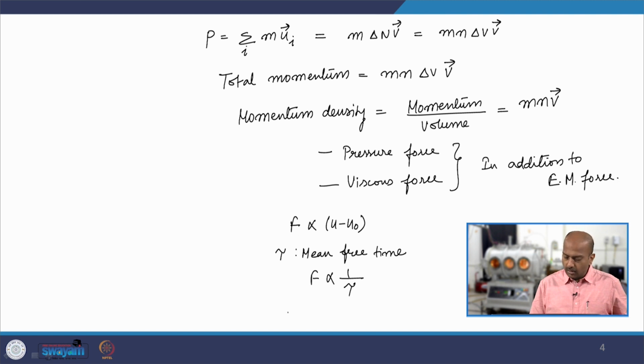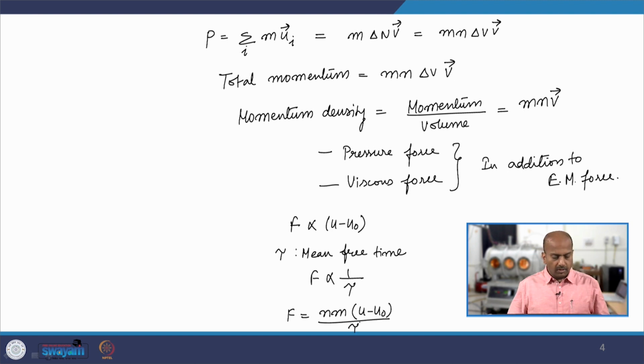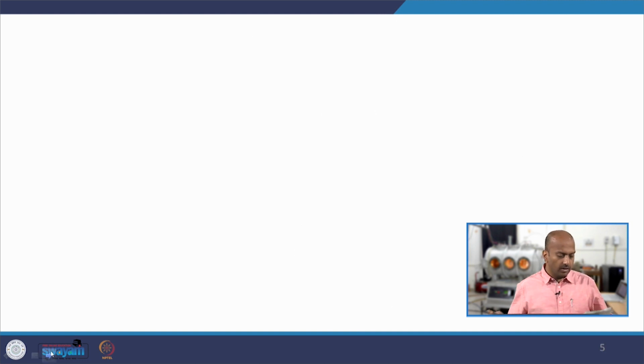So, in total we can write F is equal to N m times u minus u naught divided by tau. So, this rate of change of momentum is basically the force. Now, this can be added to the force equation that we had written earlier, right.